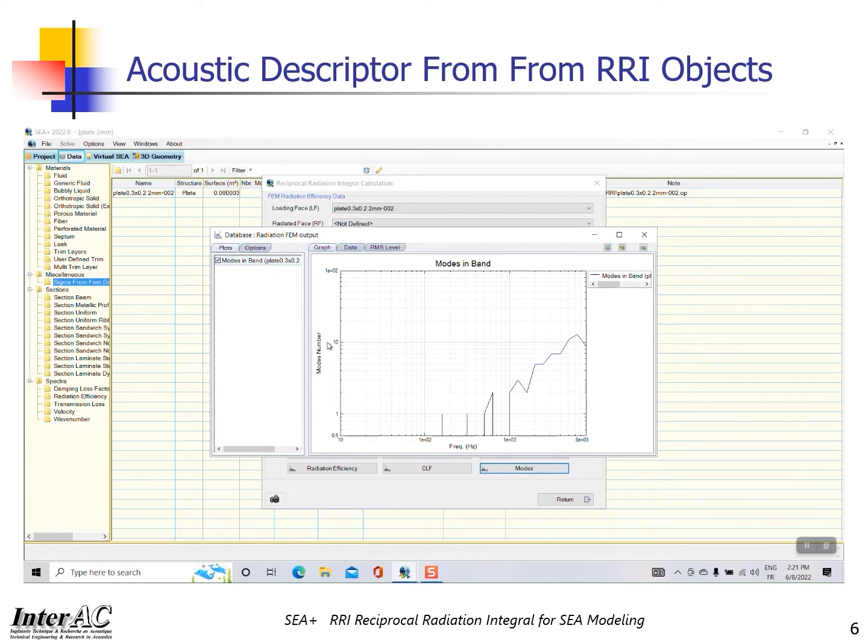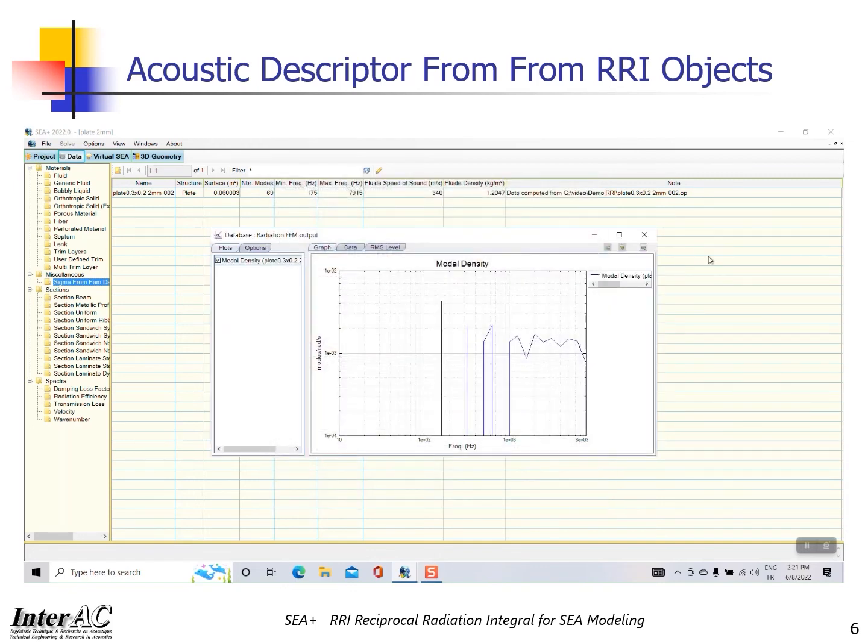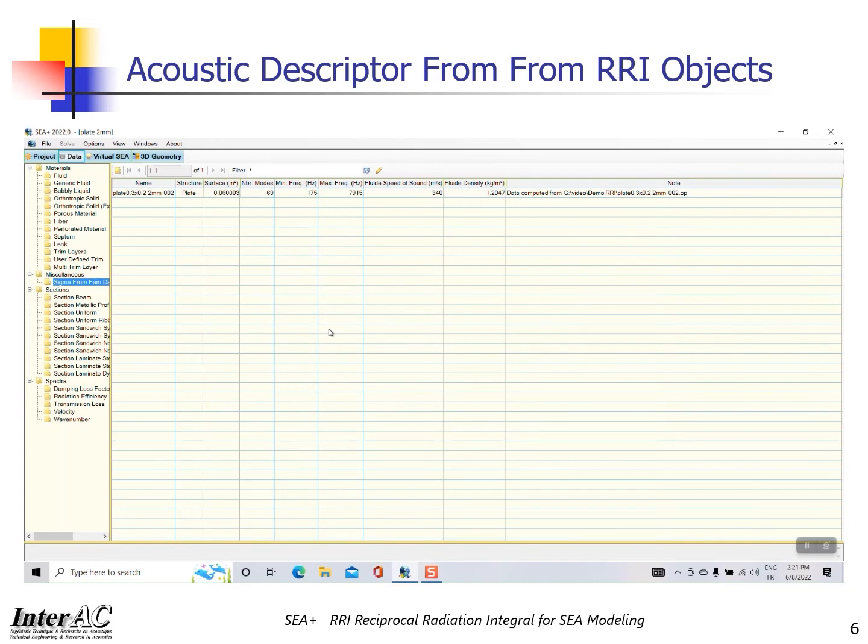Obviously the mass also, which is computed from the mode, constant in that case because it's a homogeneous plate. And the mode count, which is computed from the FEM modal series. And that can obviously be compared to the analytical calculation, because we have only one subsystem in that case to model the plate.